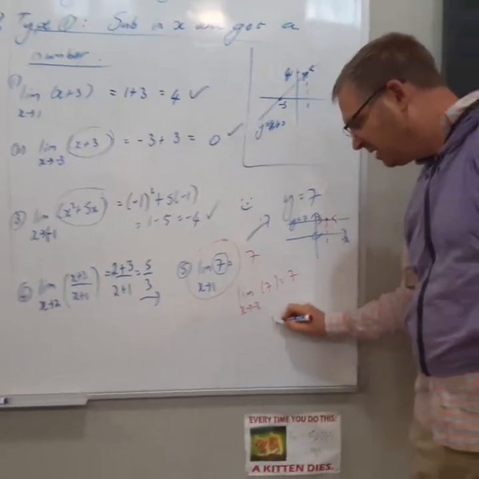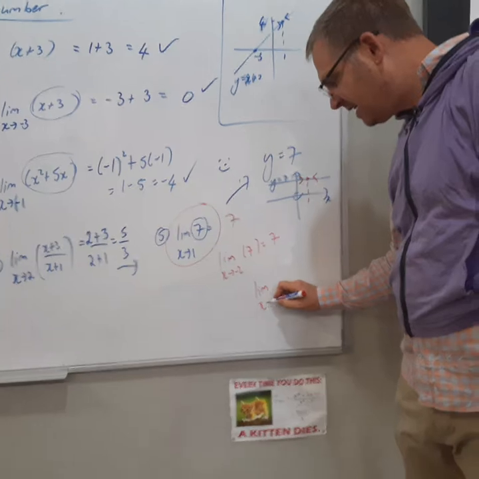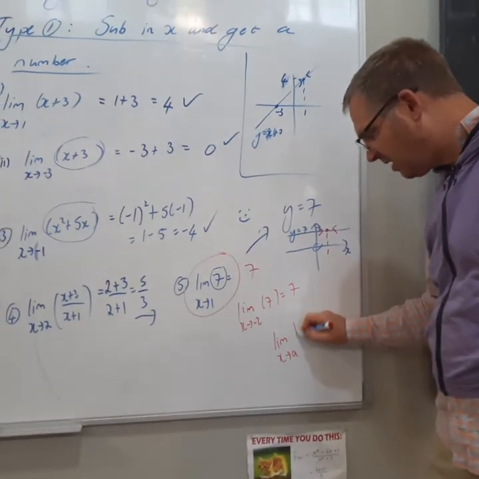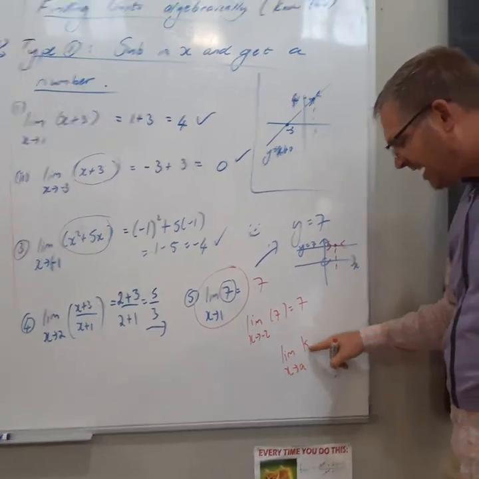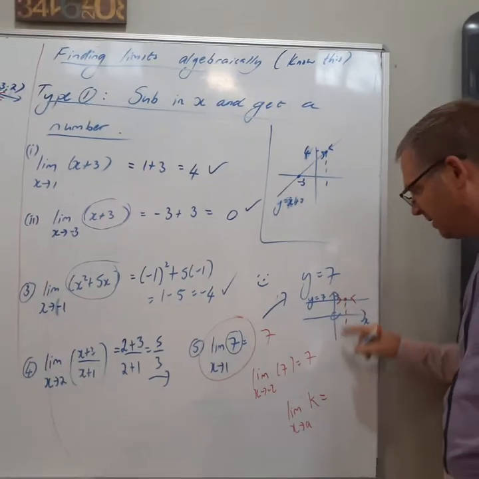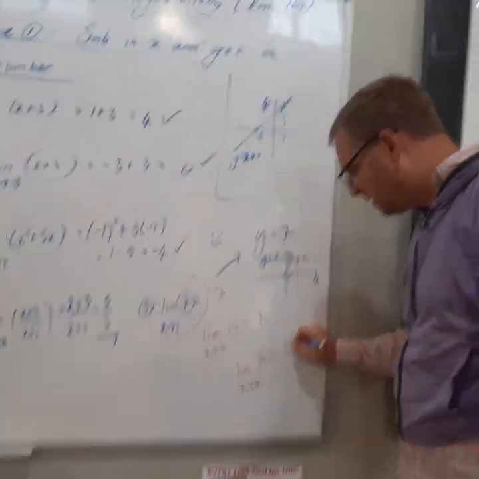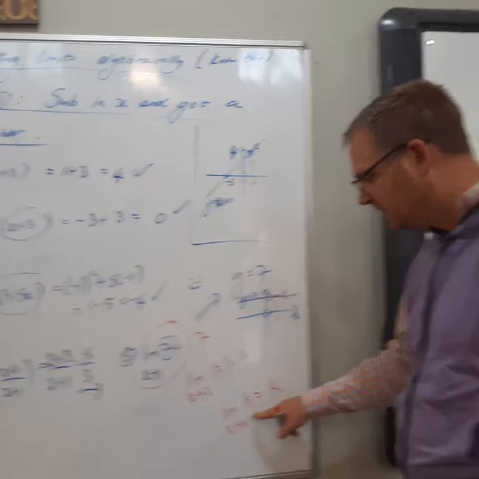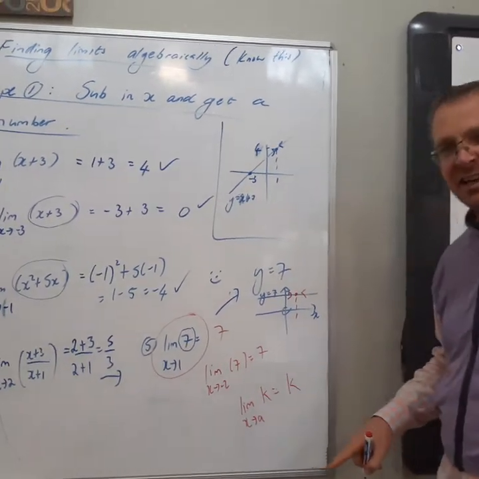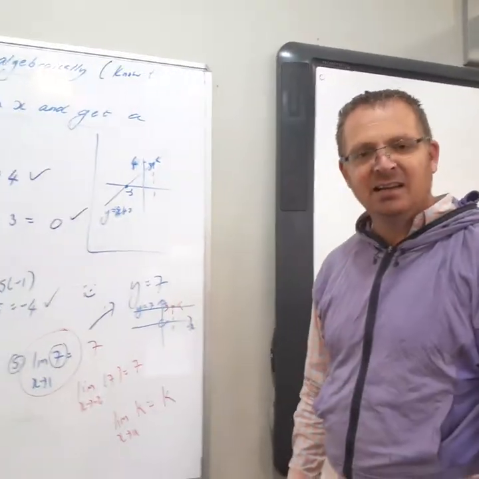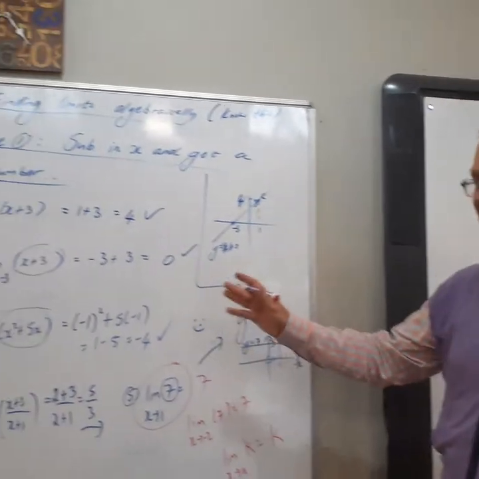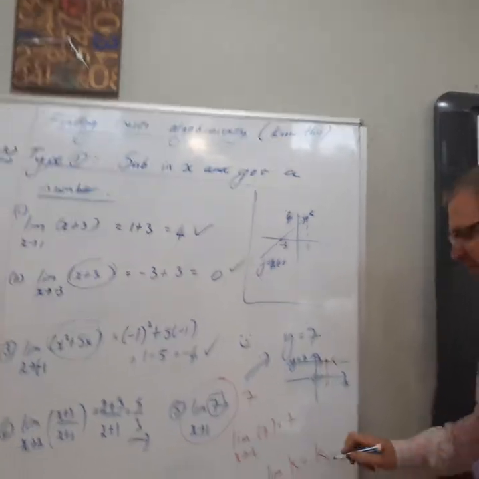And in general, the limit as x tends to a of k would be equal to k, because this is the graph y is equal to k. So we say that the limit of a constant function is the constant. Right. Okay, get that all down.